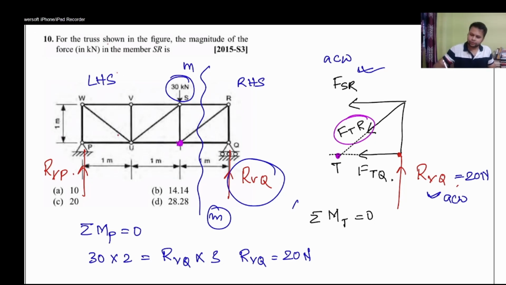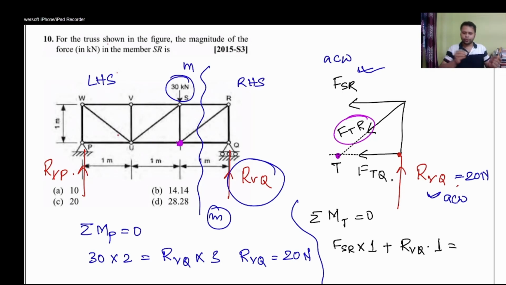So I'll write down the equation: FSR into the vertical distance of SR from point T, which is 1 meter, plus, taking anti-clockwise as positive, RVQ into again 1 meter, the distance of point T from point Q, is equal to 0.